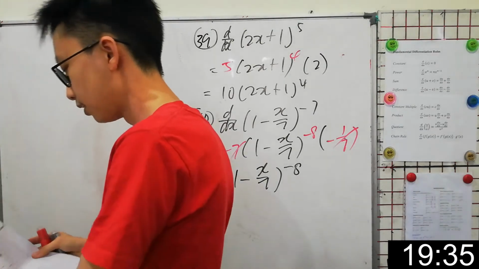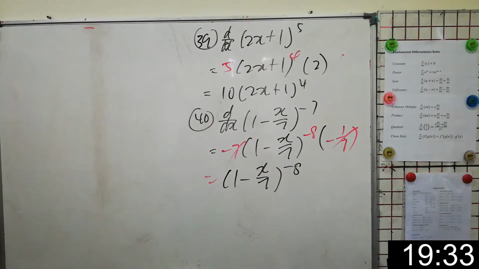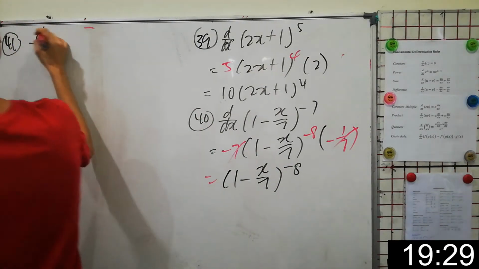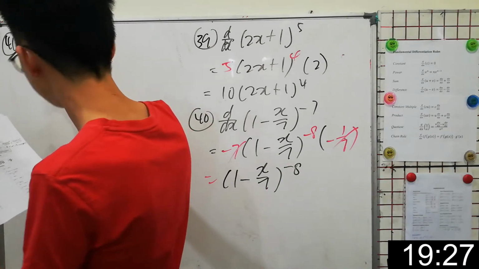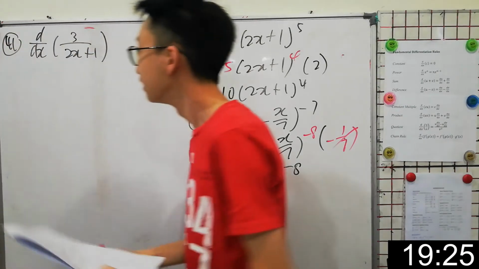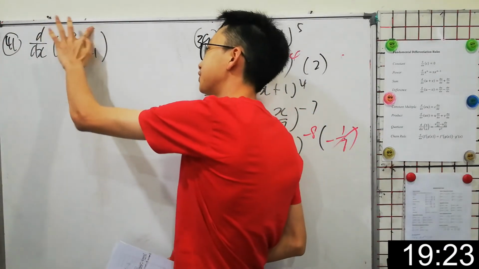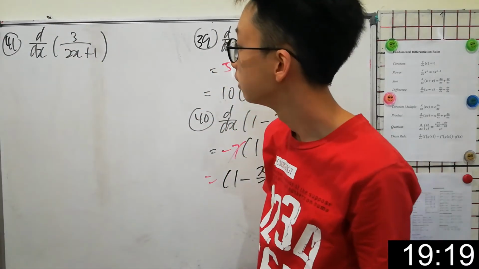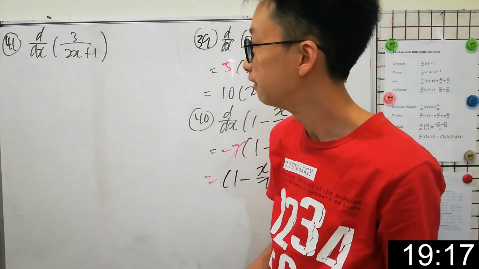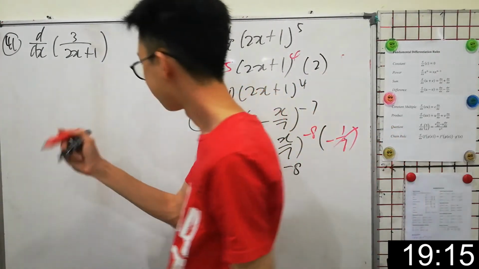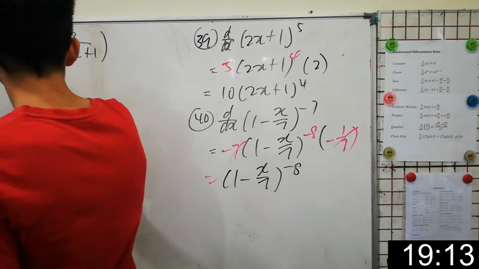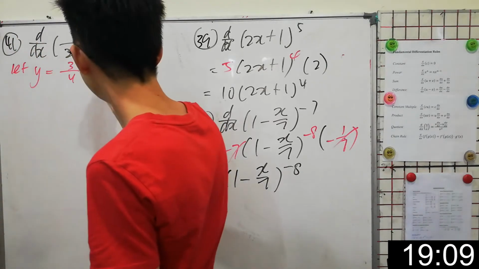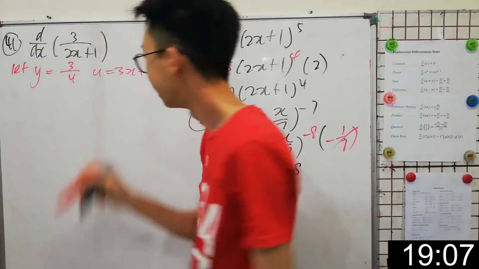Okay, 40. Let me check the battery. Number 41. d/dx of 3 over (2x plus 1). Again, we need to use the quotient rule because we can't split into two fractions. Oh wait, we can actually use the chain rule for this. So let me show you. We let y equal 3 over u, then u equals 3x plus 1.